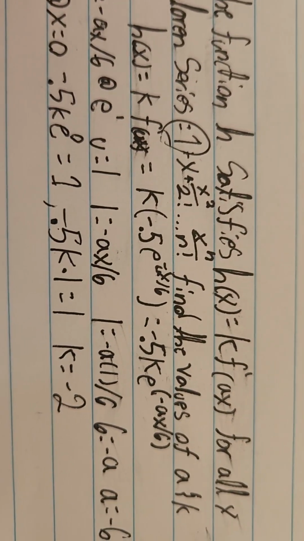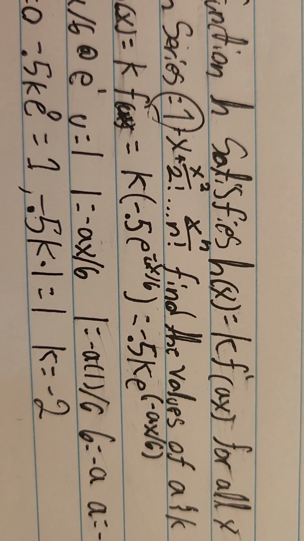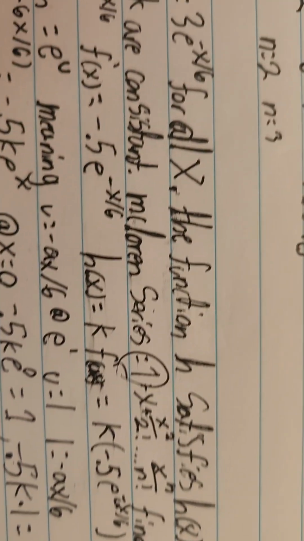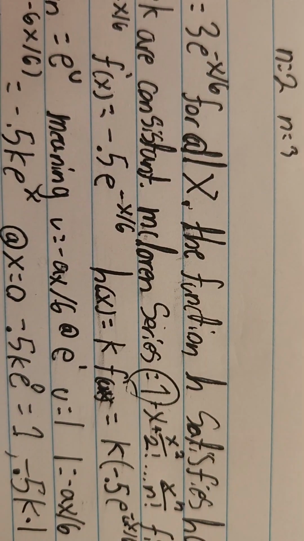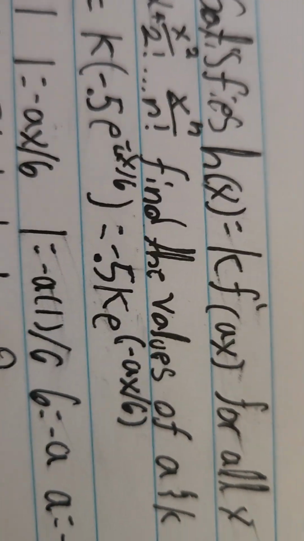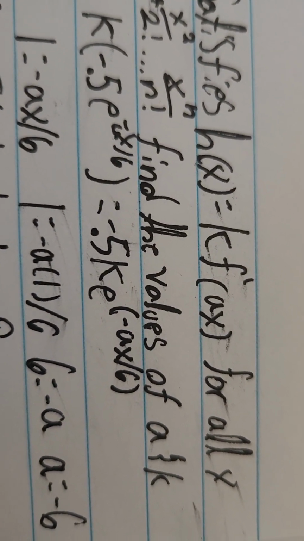So that's not new, but then we plug in our value for the derivative of f that we found. So now it's k times all of that. And in the exponent, worth noting, instead of negative x over 6, it's negative ax over 6. I forgot the a at first, that's why it's tiny. And then it equals negative 0.5k e to the, it's just multiplying the k in.